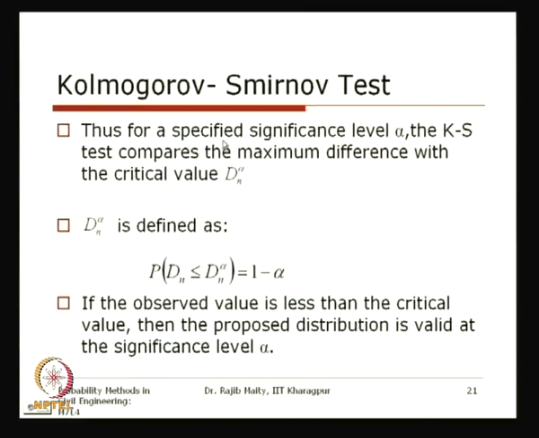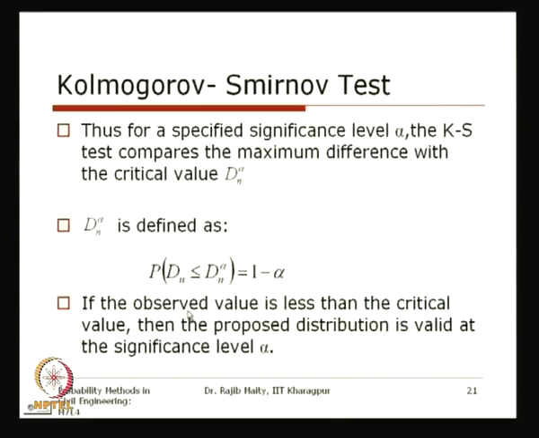Thus, for a specified significance level alpha, the test compares the maximum difference with the critical value Dn alpha. Now, what is this Dn alpha? It is defined as the probability that Dn is less than or equal to Dn alpha equals 1 minus alpha. Again, this alpha is the significance level that we mentioned at the beginning of this class.